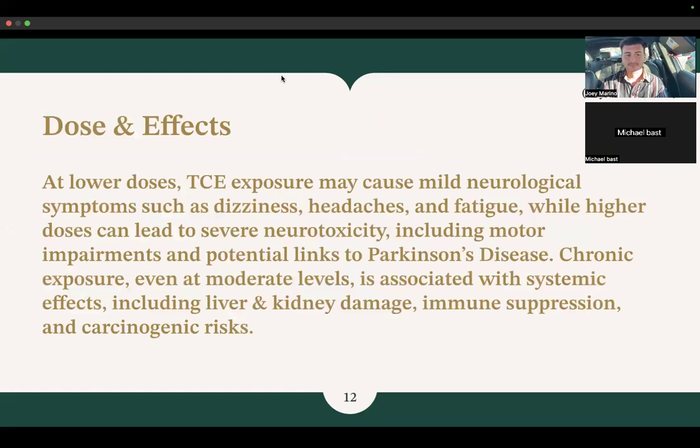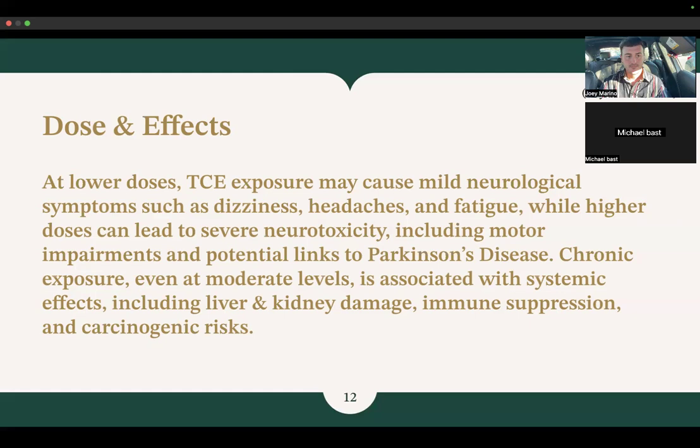Furthermore, for doses and effects, at lower doses, trichloroethylene may cause milder neurological symptoms such as dizziness, headaches, and fatigue, while with higher doses, it can lead to severe neurotoxicity, including motor impairments, as we've seen a few slides ago with the rats, and potential links to Parkinson's disease.